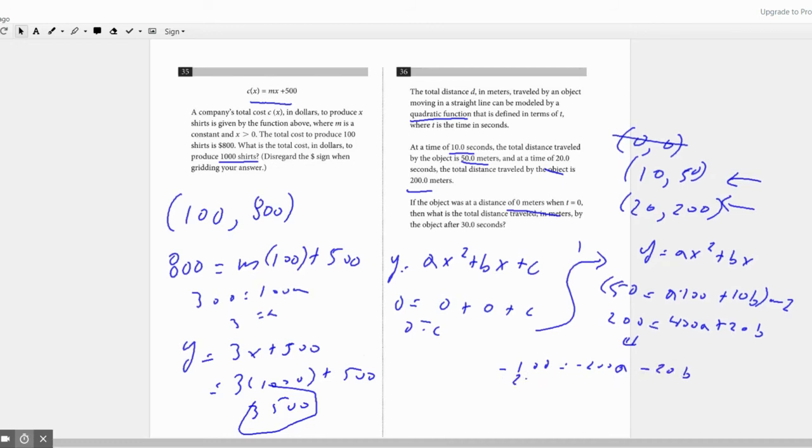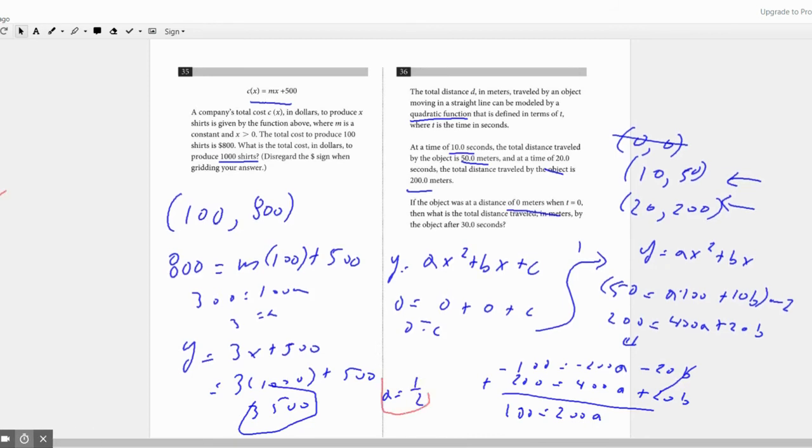The other one stays the same: 200 equals 400a plus 20b. The 20b cancels. We're going to add them up. The reason I did negative is I like to add. You don't have to do the negative; you can subtract and all that. 100 equals 200a. And so we have a equals 1/2.